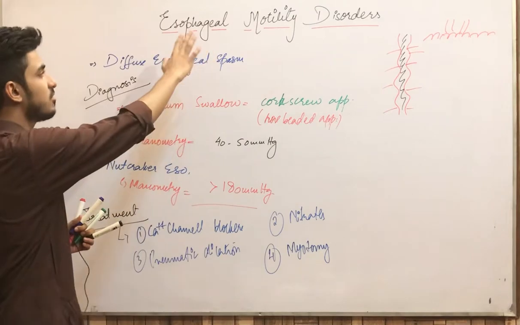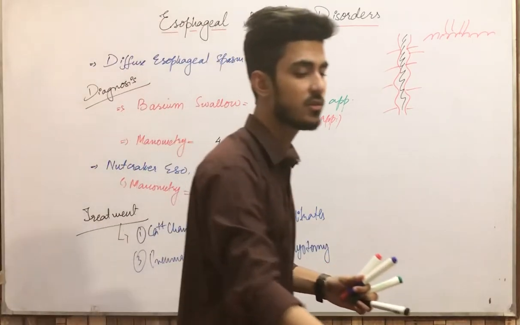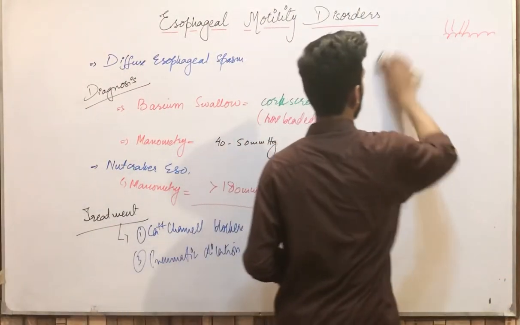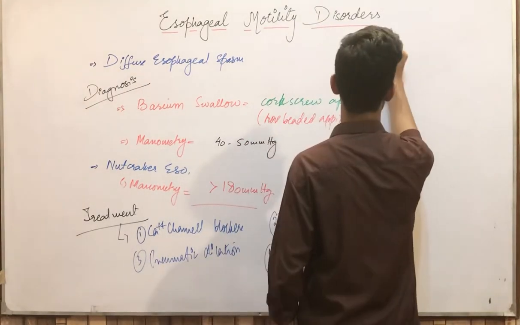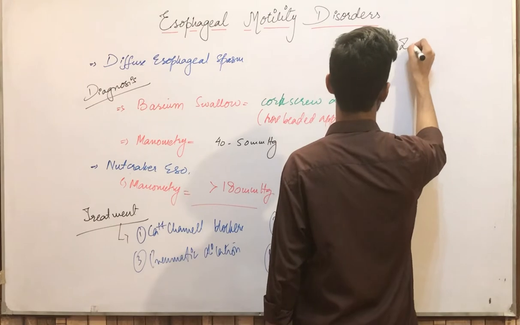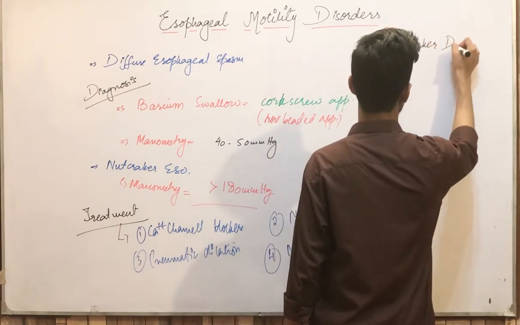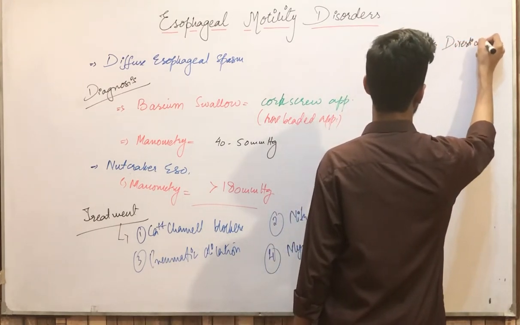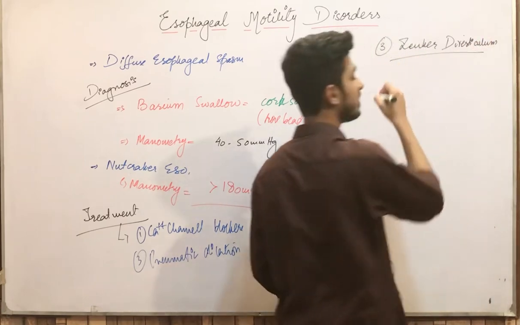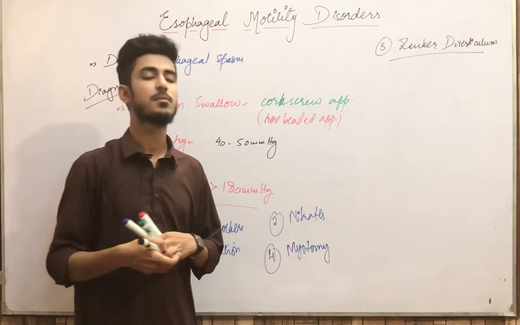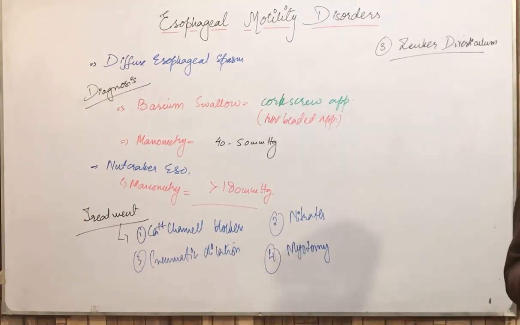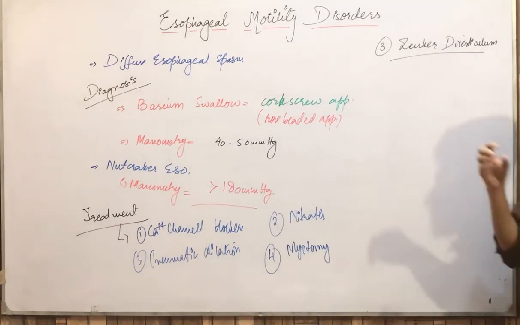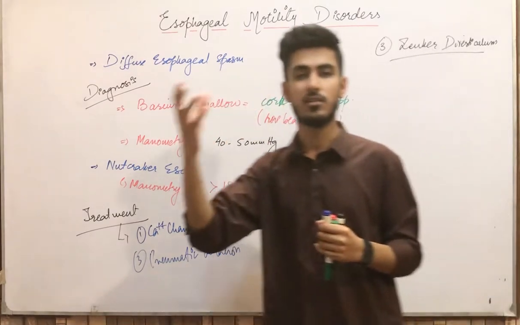Now the last esophageal motility disorder that we are going to discuss is the Zenker diverticulum. Clear? What is this Zenker diverticulum? You all know that it is basically the most common esophageal diverticulum, that is, a protrusion of the esophageal part from the cricopharyngeus muscle.